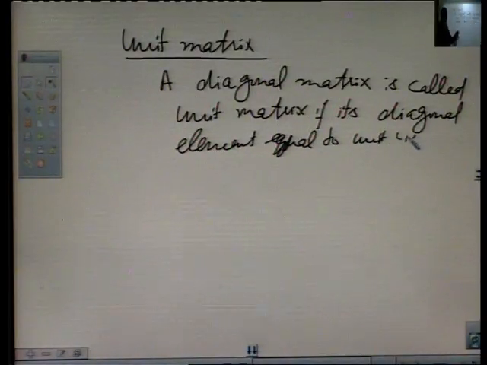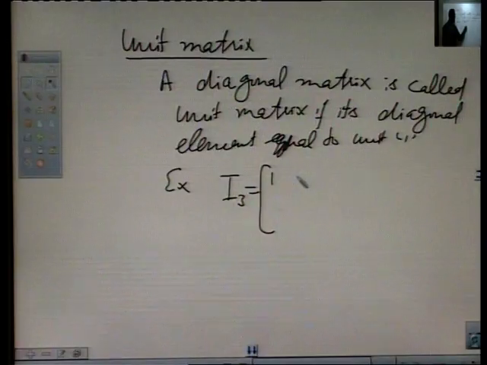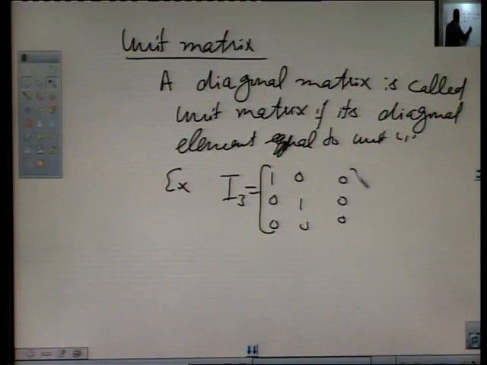For example, I3 is 1 0 0, 0 1 0, 0 0 1. Sorry, here it is 1.